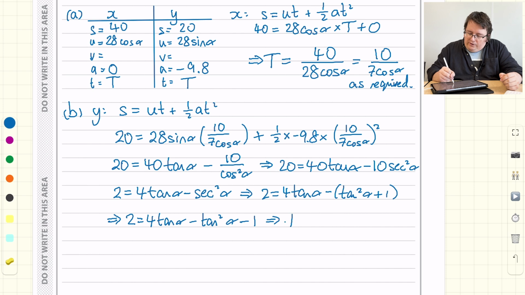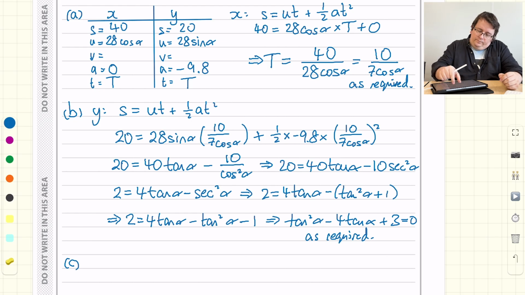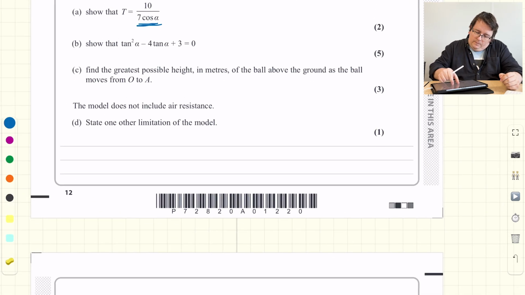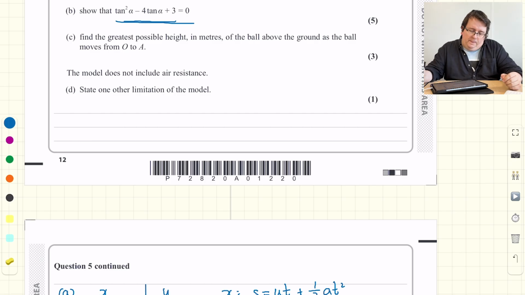So if we move everything onto the left-hand side, tan squared take away 4 tan alpha, then add 1 to both sides, and we get the quadratic as required. Okay, so that was the quadratic that we wanted to get.